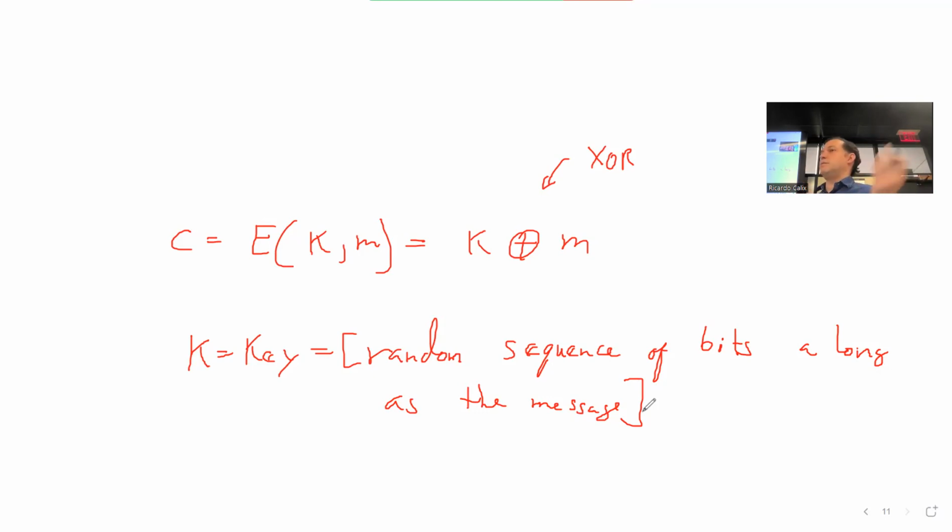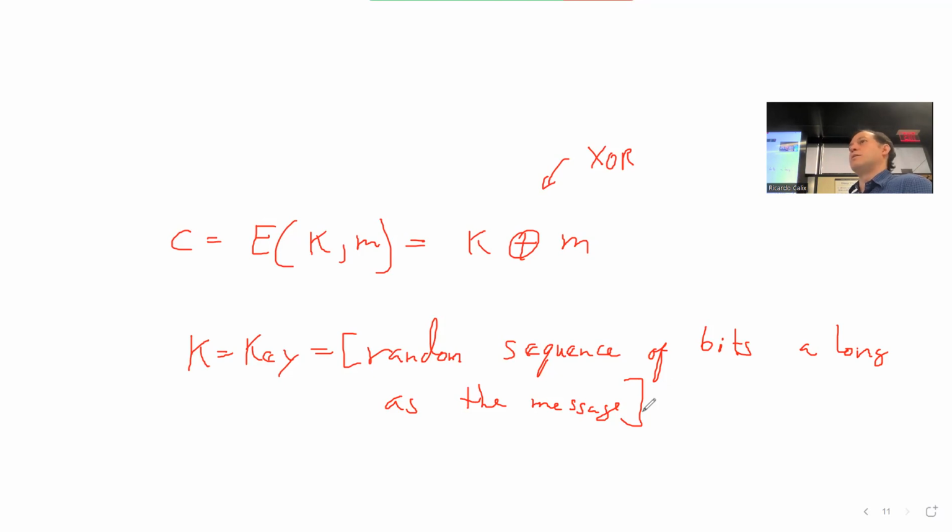At the end of the day, that's what computers are. But then you would need to have a key as long as the movie itself. Where would you get that key from? You see how it's not practical to do that. It's like you're downloading the movie twice. Think about that. So if it took you a minute to download the movie, it's 2 minutes now. Do you see that?